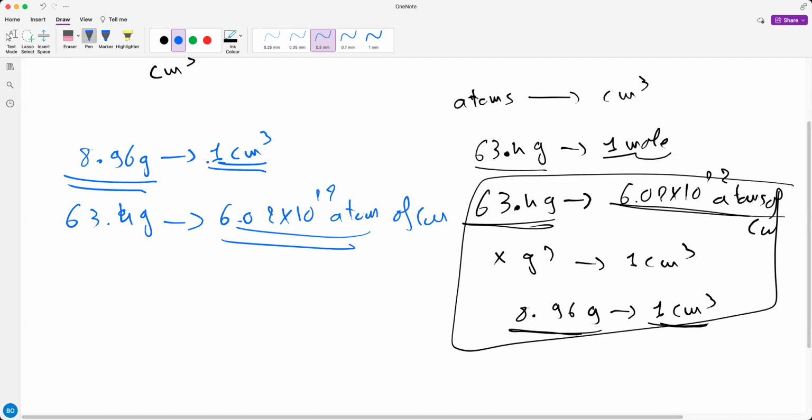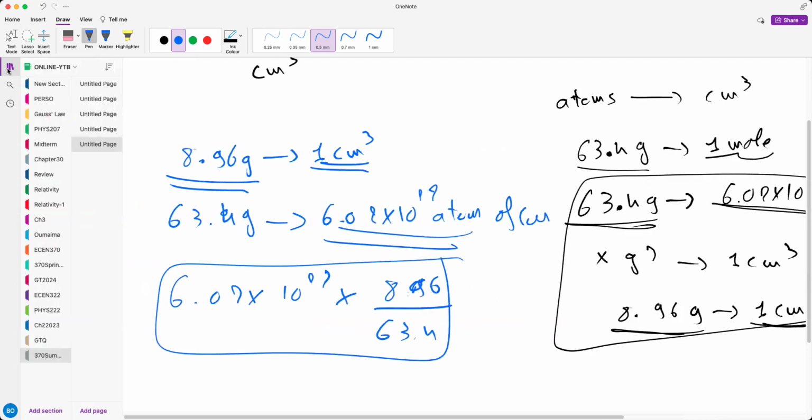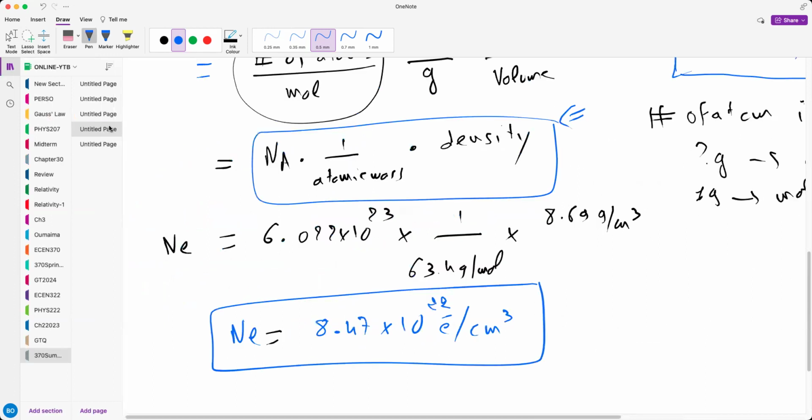I multiply 6.02 times 10 to the power 22 by 8.96 divided by 63.4, right? Yeah. So that's what I did.